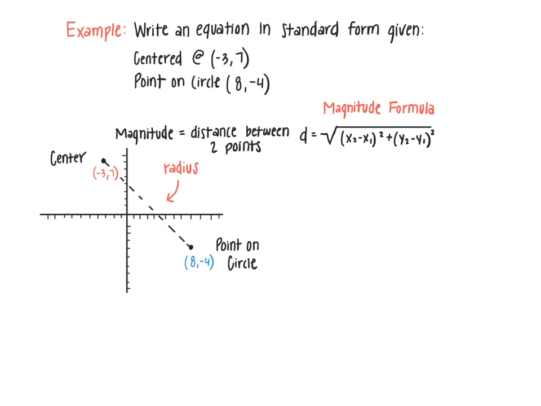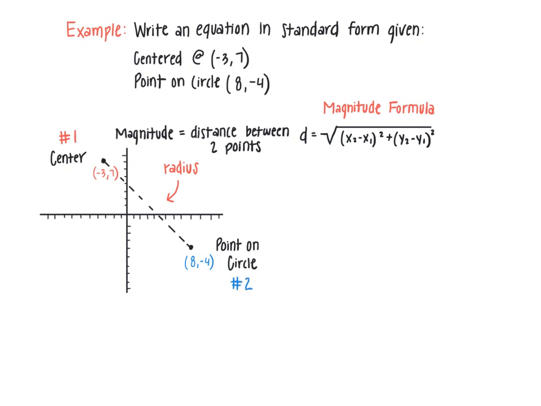So here, I can make the center point number 1, or I can make the point on the circle point number 1. Quite honestly, it doesn't matter because you're squaring the differences, so they're always going to end up being positive. So I'll just label my center as my point number 1 and the point on the circle as point number 2.